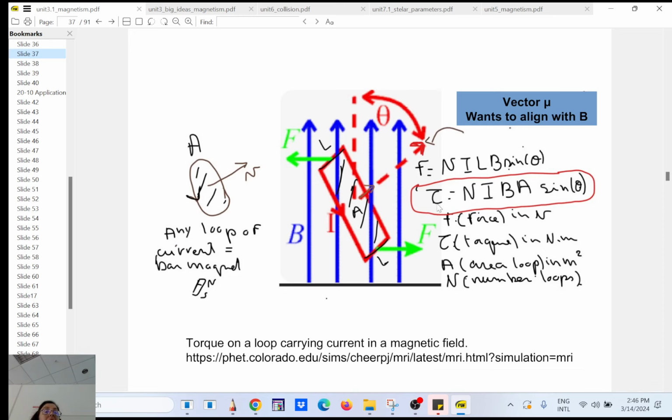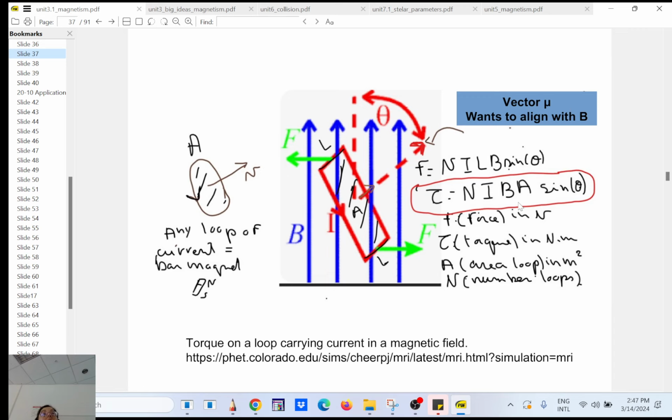Okay, so we can define a new physical quantity. We call that the torque. The torque, remember from physics 1, the unit for torque is Newton meter, and the torque applied to a loop of current inside the magnetic field will be equal to the number of loops times the current times the magnetic field times the area of the loop.